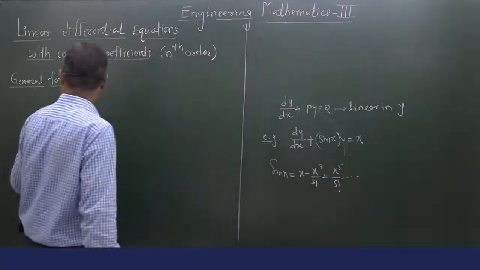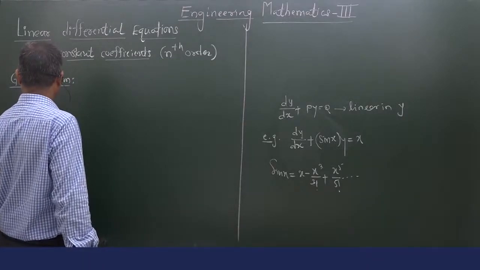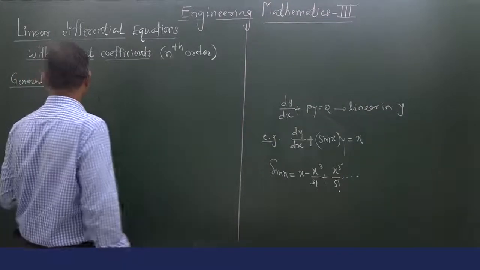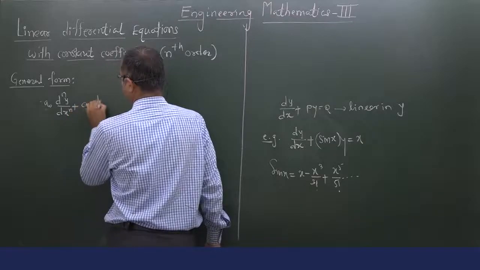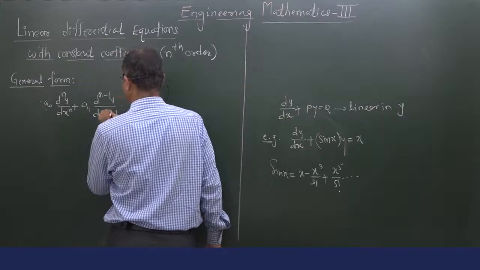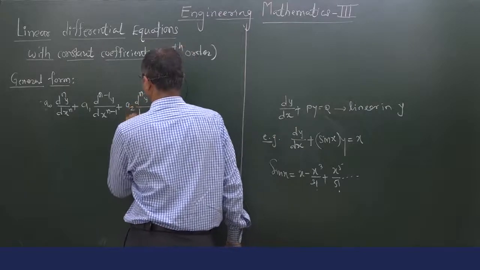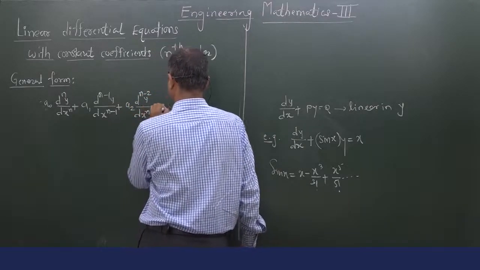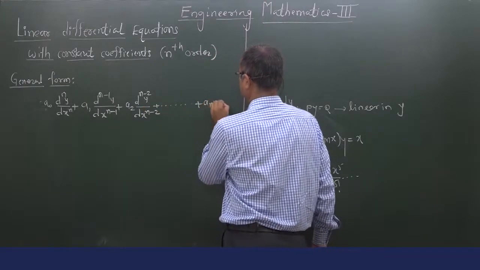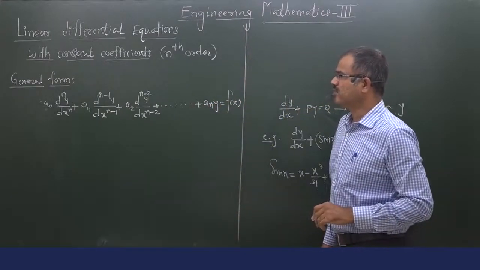The general form of LDE is a0 d raised to n y by dx raised to n plus a1 d raised to n minus 1 y by dx raised to n minus 1 plus a2 d raised to n minus 2 y by dx raised to n minus 2 plus and so on, plus an y is equal to function of x.